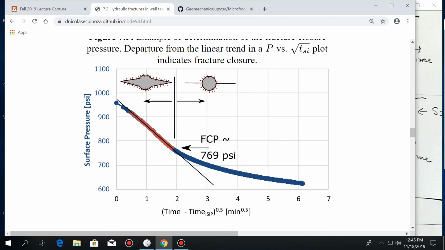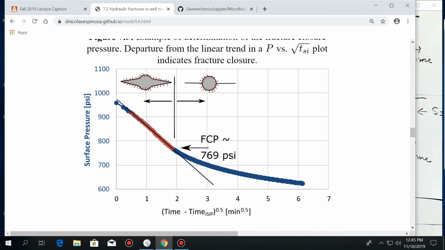The reason for that is that there is a transition in flow, from a plane in a porous medium into a wellbore. In 2D, this is called linear flow, because the fluid is going out from a line.